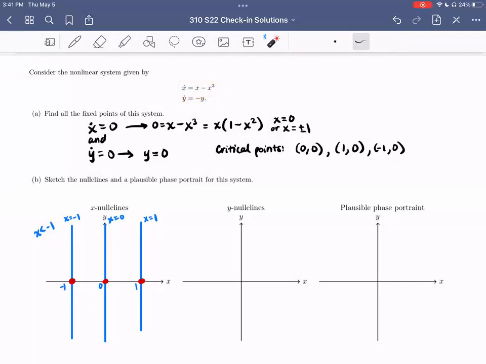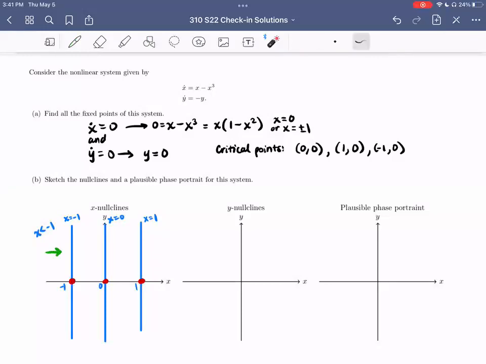We can figure that out by choosing a value for x less than negative 1, say x equals negative 2. Then x dot is going to be negative 2 times 1 minus 4. This is a negative value times a negative value. So we have a positive value. Therefore, in this region, x dot is positive. In other words, x is increasing. So x is going to the right.